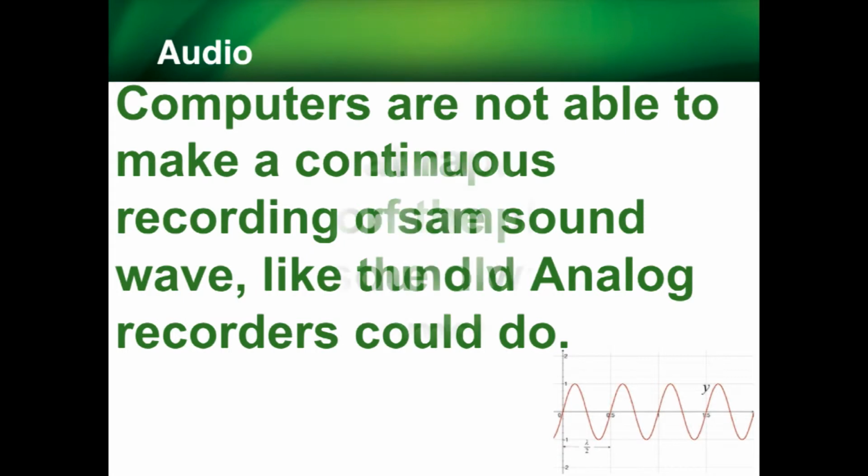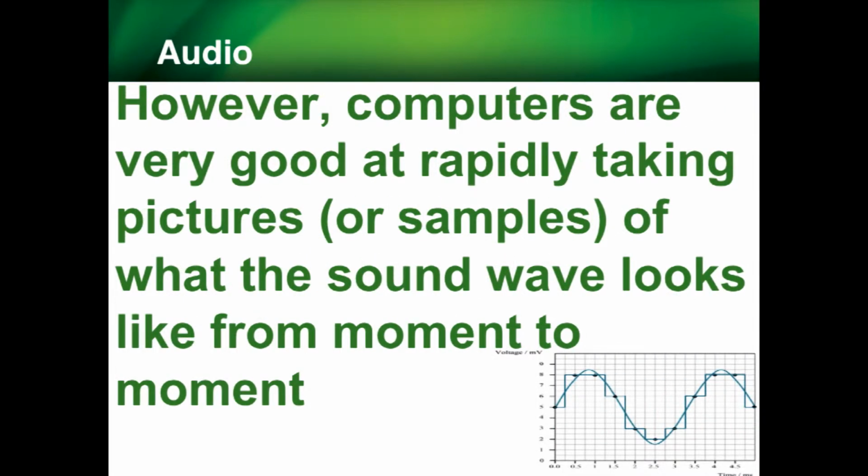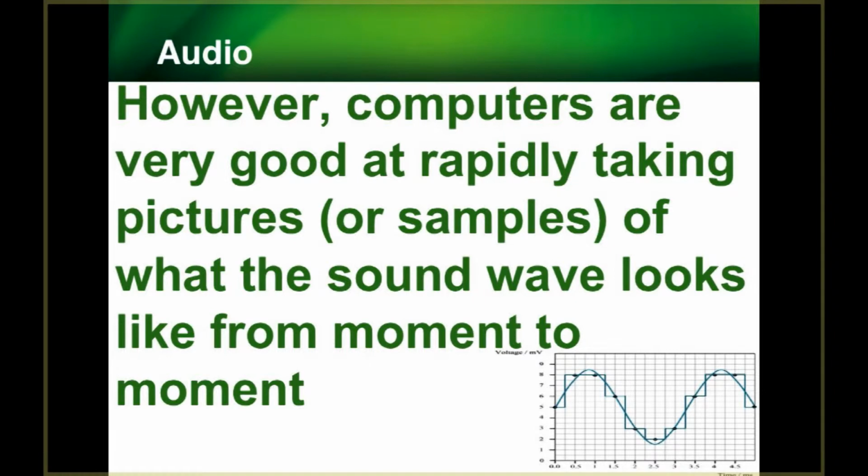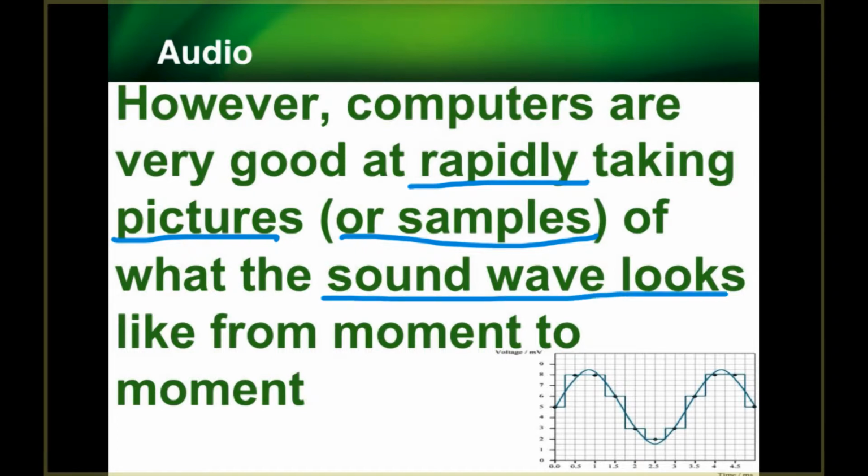What's their secret? Well, computers are very good at rapidly, and I mean rapidly, we're talking capable of 100 plus times per second or more, taking very rapid pictures, or samples is a better way to think of it, of what the sound wave looks like at a particular moment.